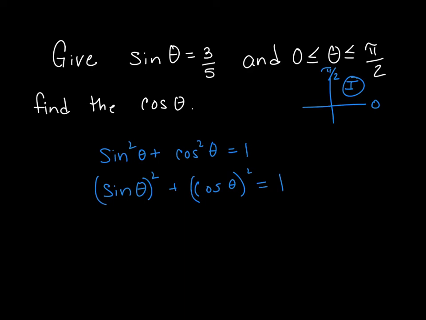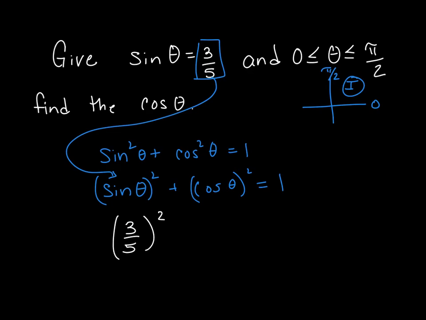So all I'm doing with this is I take that 3 over 5 and I plug it in here. And now I'm left with 3/5 squared plus cosine of theta squared is equal to 1.